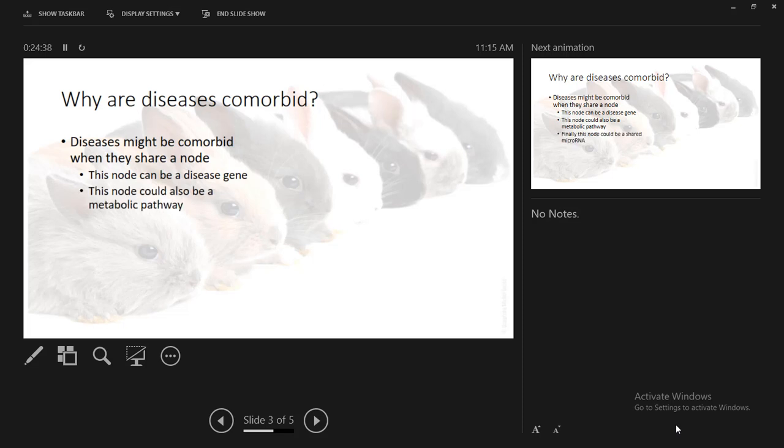But they could also be comorbid because they share a metabolic pathway. And so what I mean by that is they might both be either part of the same metabolic pathway, like two different proteins in the same metabolic pathway, or the same metabolic pathway might influence both.